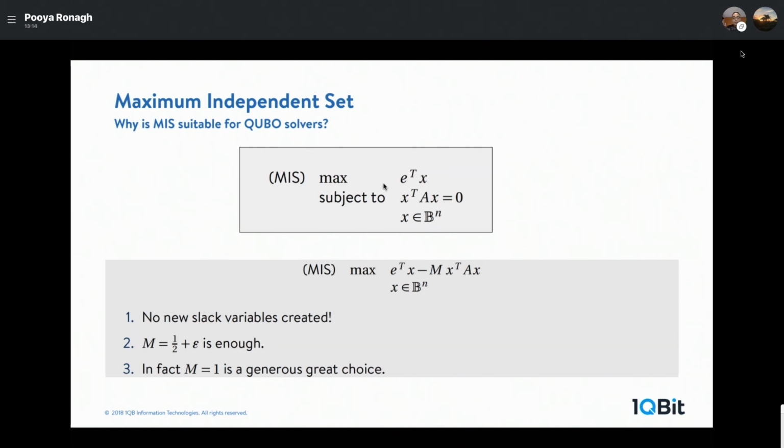So maximum independent set itself is a problem that it's useful to solve using penalty methods, basically because this x transpose Ax, where A is the adjacency matrix of the graph you're trying to solve, is positive. So you don't end up creating quadratic terms when you use the penalty term. Also, the coefficient in this penalty term only has to be a little bit more than 1/2, and you would be good to go.